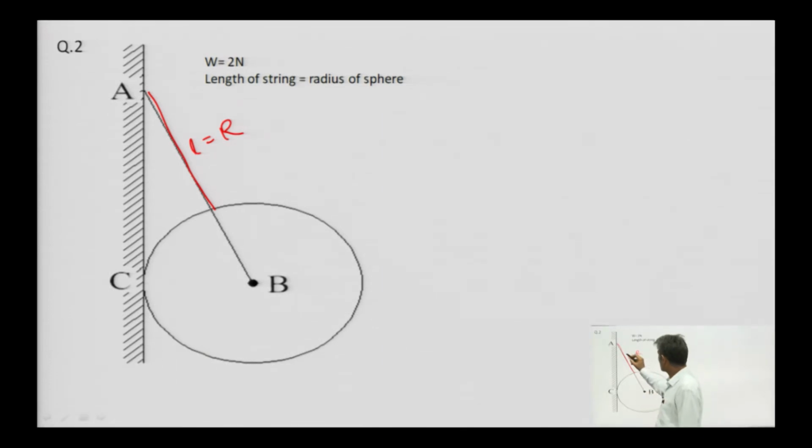We need to find out the value of tension in this string, and another is the horizontal reaction at the contact point of this vertical wall and sphere.